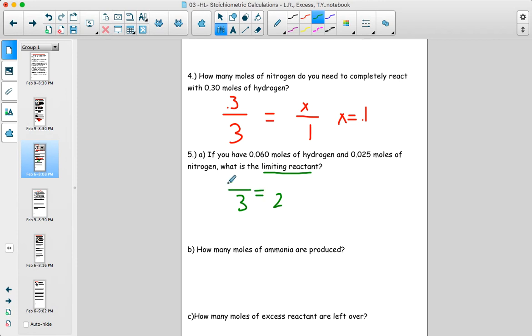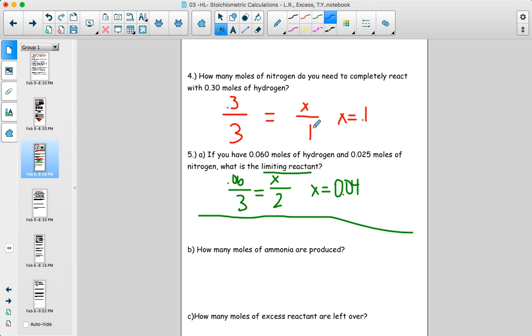I've got 0.06 moles, and I want to know how much will that make. So again, I can solve for x, multiply both sides by 2, and I'm going to get that there's enough hydrogen to make 0.04 moles of ammonia.